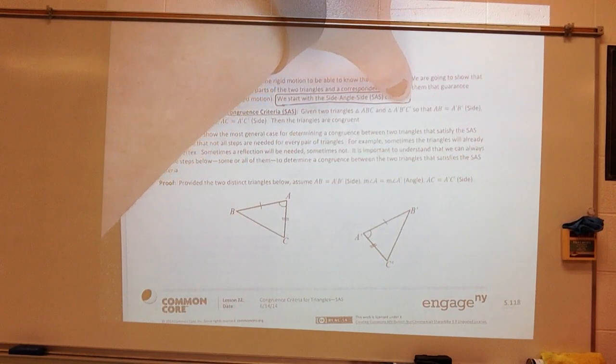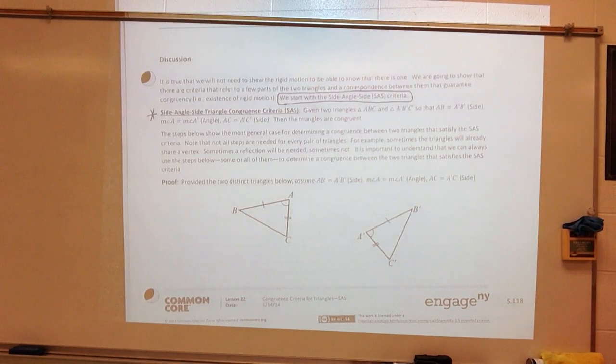This will be our image after the transformation. So AB is equal to A prime, B prime. That's our side. Measure of angle A is equal to the measure of angle A prime, which is our angle. And AC is equal to A prime, C prime, which is our side. Then the triangles are congruent. So if I have side angle side, then I can prove our triangles are congruent.